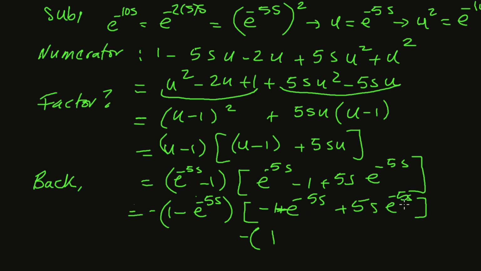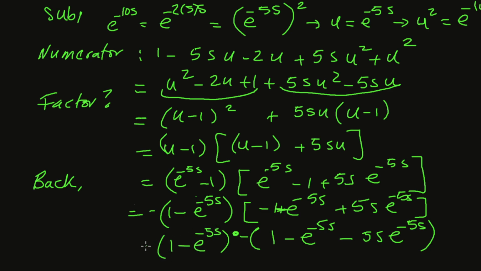So here I rearrange, I didn't do anything. Now I'll take out the negative. So I'll have 1 minus this exponential minus this 5s exponential. And this is multiplied by 1 exponential 5s. Alright, so what happens here is I have 2 negatives.